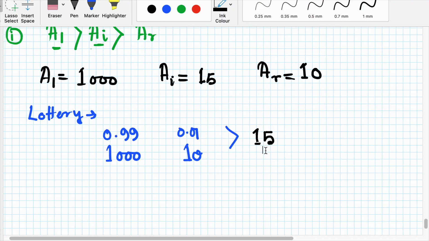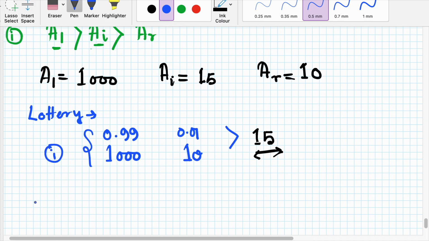If I were the subject, I would obviously prefer the lottery over a certain 15 rupees. Now this is the one case.